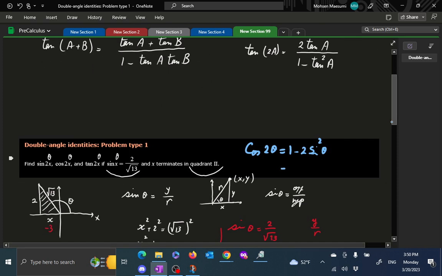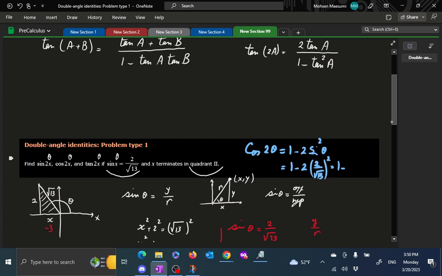Without any additional information, I can say, you already told me what sine is. It's 2 over radical 13, and I have to square it. So 1 minus 2 times 2 squared, that's 8, and radical 13 squared is just 13. Take a common denominator and subtract. It becomes 5 over 13.